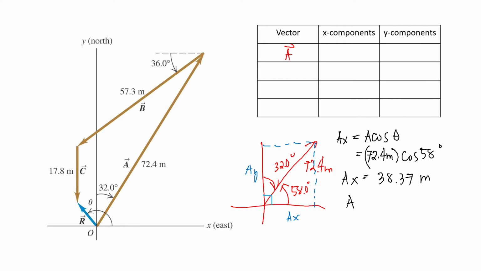Okay, if you want to use again your 32 degrees, since your AX is at the opposite side, you can use this one. Your AX is equal to A sine theta. So you have 72.4 meters sine 32 degrees. Okay, you should just get the same answer of 38.37 meters.